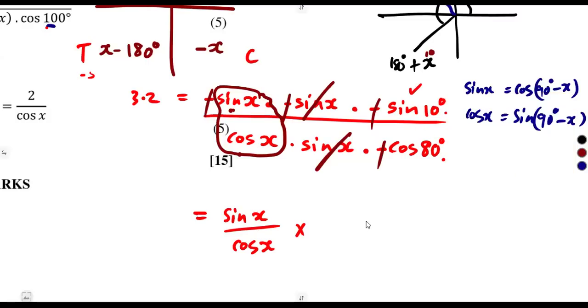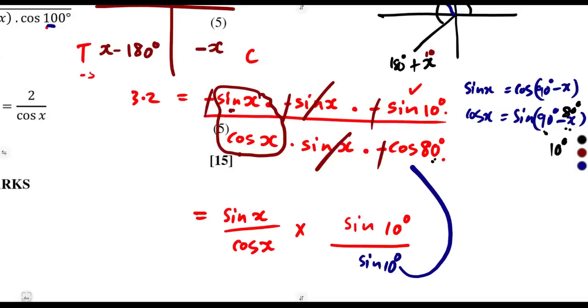If you decide to remain with the sine of 10, then change this cos to a sine. It will be sine of 90 minus 80 degrees. 90 minus 80 is 10 degrees. So that's sine 10 degrees. We have changed it to its co-function. It's one and the same.